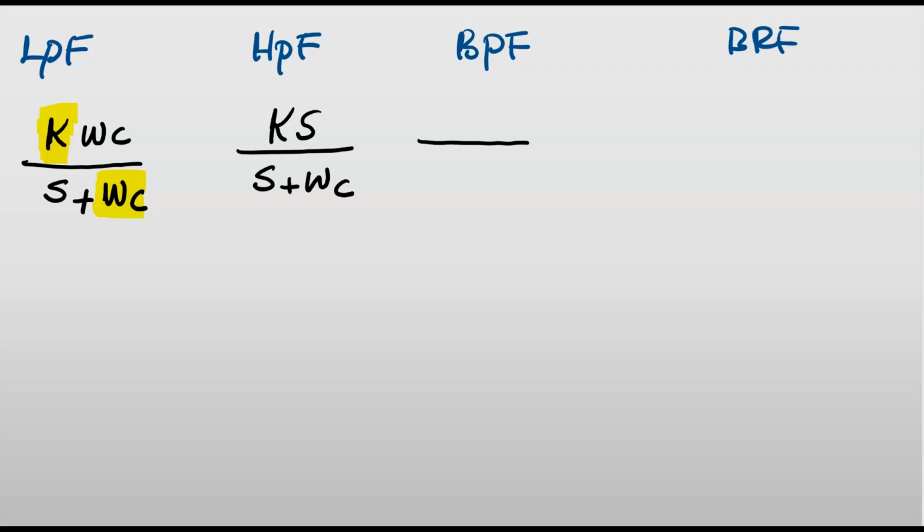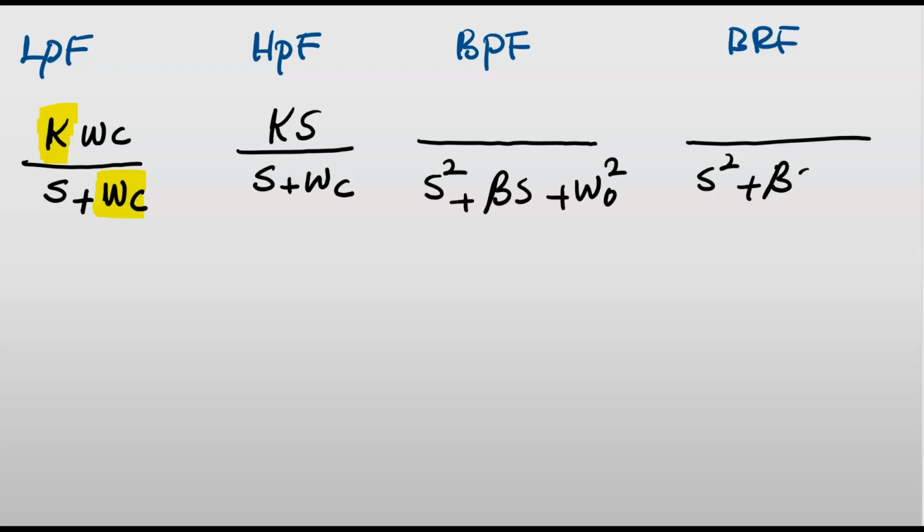Now let's go to band pass and band reject filters. For both of them, the denominators are s squared plus beta s plus omega naught squared. The difference is in the numerator.